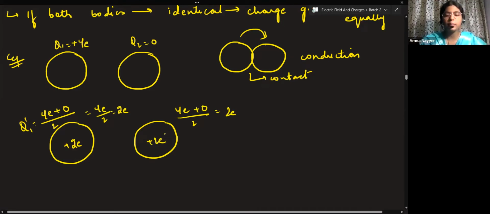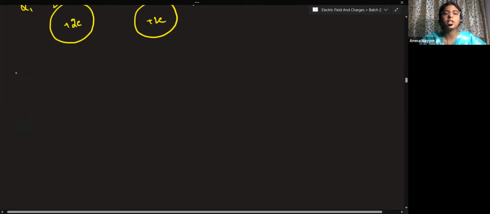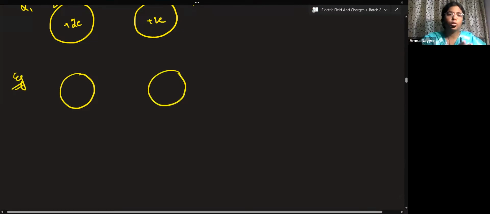Let me give you one more example. Here you all will tell me what will be the charge distribution on each body, and the condition is the same. Both the bodies I have taken are identical. Don't look at the figure I've drawn. This is just a freehand drawing. Otherwise, the condition is that both the spheres have the same radii and are identical to each other.